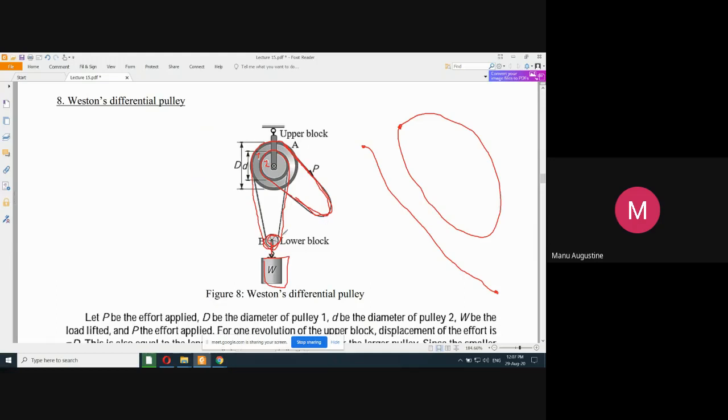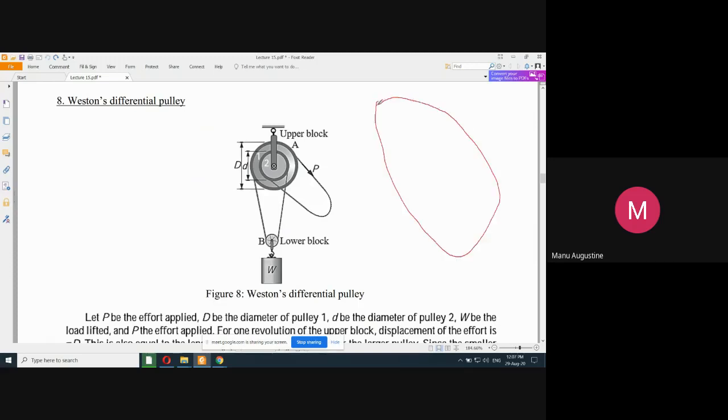Okay. So once again, I will explain what is happening here. You take a single loop of rope, a complete circle, it forms the loop. You start it by tying it around the upper block, loop it around, bring it down, take it on to the second or the smaller diameter pulley, move around it, bring it down, make a loop, and return it to the larger pulley.